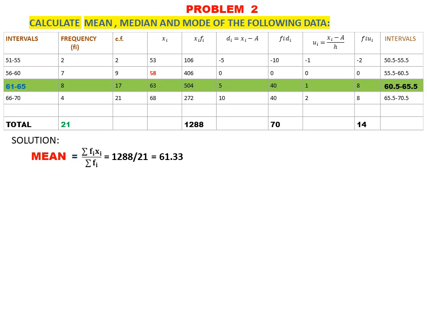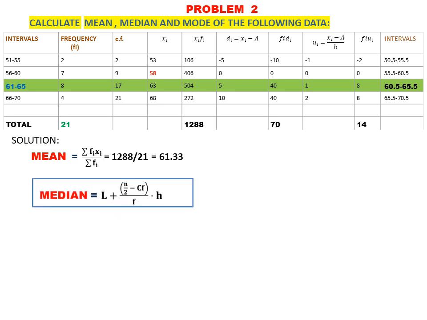Multiply these xi's with fi's and you will get the sum as 1288 upon the total number of frequencies, that is 21. So that is 61.33.